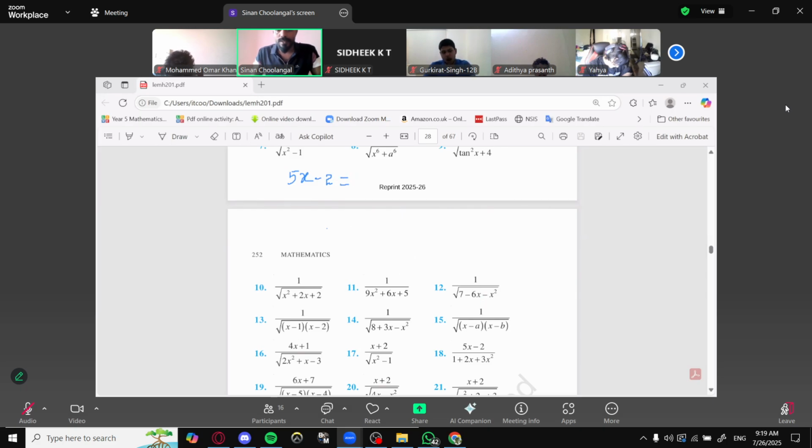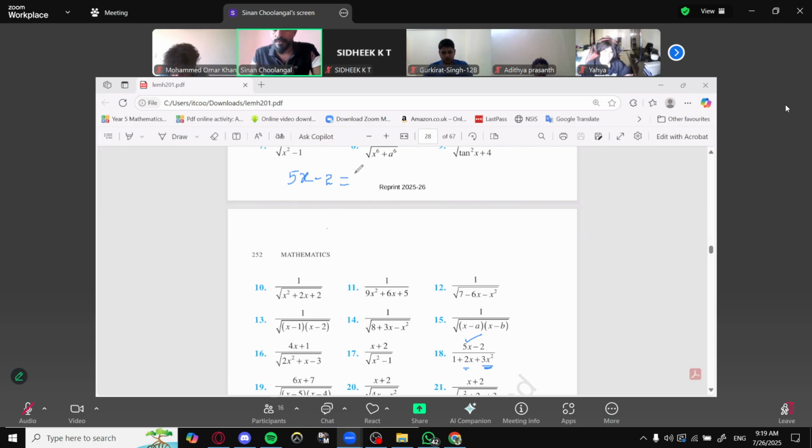Here the direct method will not work. See, my dear, the derivative of 3x square will be 6x, but we are having 5x. And 2x can be 2. It is there partially, but even though it is a little difficult, you just listen.